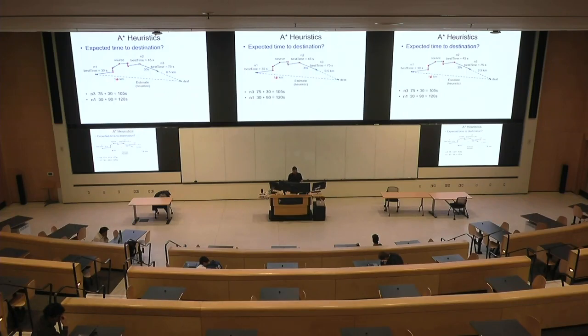On top of that, we have 30 more seconds, calculated based on our heuristic: 0.5 kilometers away from the destination, divided by our average speed limit, 60 kilometers per hour. That gives us 105 seconds. For N1, it is still 30 plus 90, 120 seconds. So again, we're going to choose N3, because the overall travel time is still less.